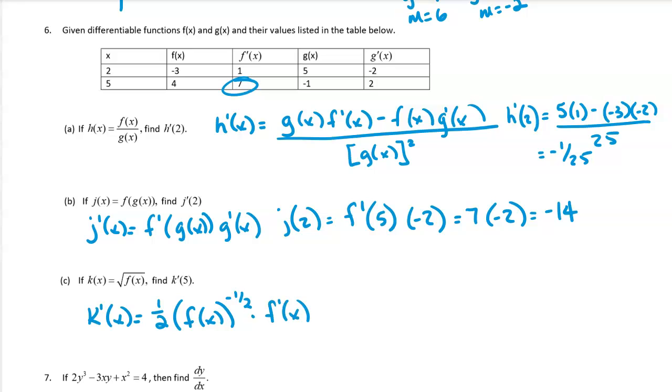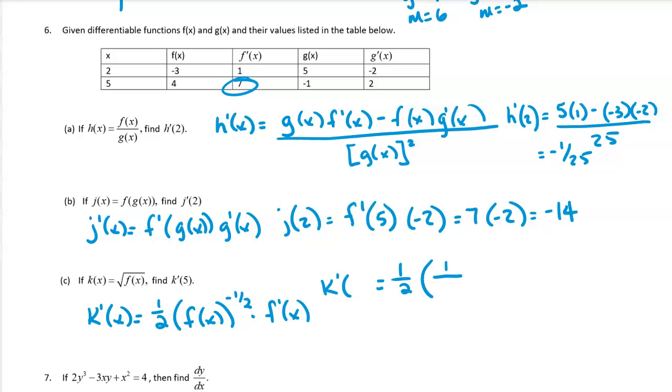So let's plug that in. K prime of 2 is equal to 1/2, and then 1 over, because of the negative exponent, f of 2 is, why am I not finding f of 2? Oh, sorry, this is asking for 5.